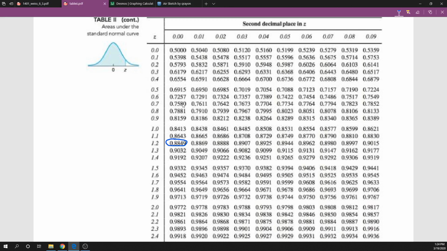All right, so 0.5, that would be right here. 0.6915.